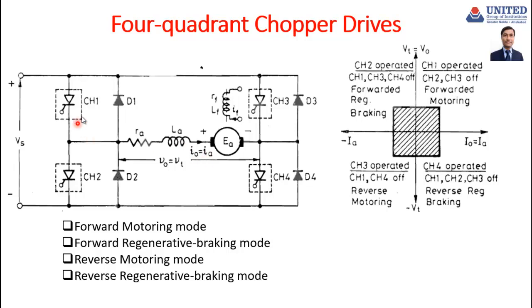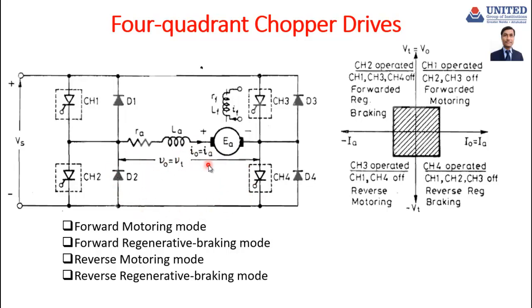When the switch CH1 is turned off and switch CH4 is turned on, then armature current starts to decrease and flows through the switch CH4 and diode D2, like that.